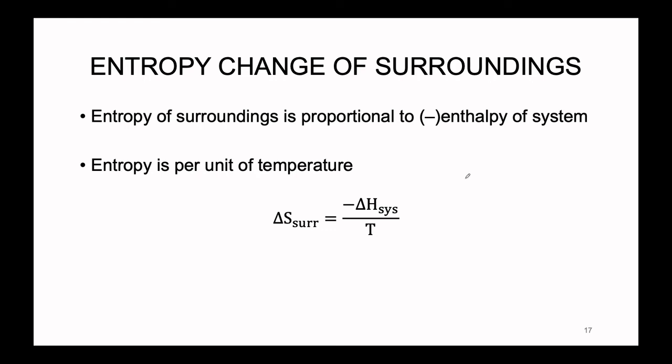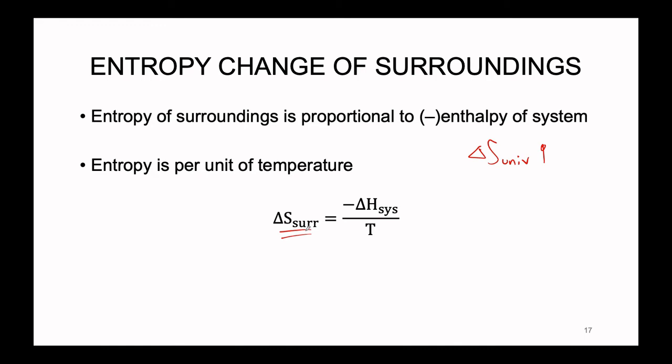Again, if we're working with a spontaneous process, the entropy change of the entire universe is going to have to increase. And the universe is not just the system, it's also the surroundings. So for any spontaneous process, like the rusting of iron, if the entropy change of the system is negative, then the entropy change of the surroundings has best be positive to make up that difference.